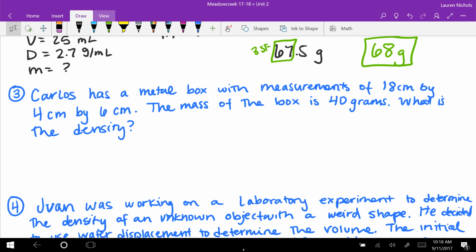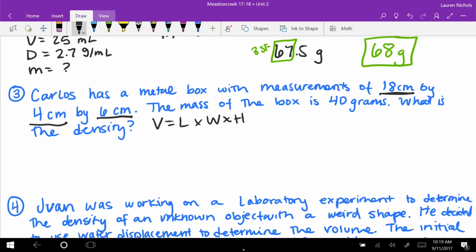So Carlos has a metal box with measurements of 18 centimeters by 4 centimeters by 6 centimeters. The mass of the box is 40 grams. What is the density? Now, with this, we see that I have centimeters and centimeters and centimeters, okay? So that tells me that I'm going to need to use my formula, volume equals length times width times height.